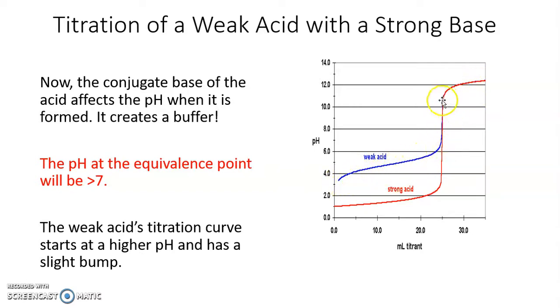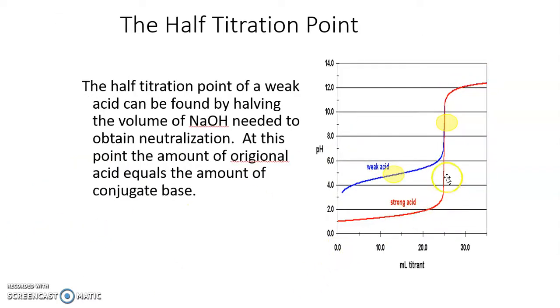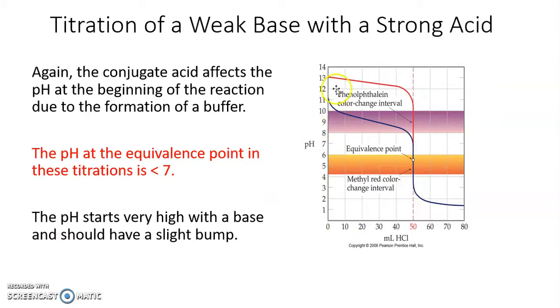And this steep part of this curve can also be flattened out as well. So they look slightly different. Again, for each, you're going to get an equivalence point, which is going to be here somewhere in the middle of that steep part of the curve. But for acids, you do get this half equivalence, which tells you what the pH is at that point, which can be useful.